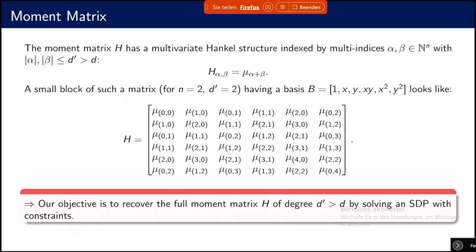This is coming from the product of the monomials that are still in the same basis B. As I said before, our objective is to recover the full moment matrix H of degree d prime, bigger than d, by solving an SDP problem with constraints.